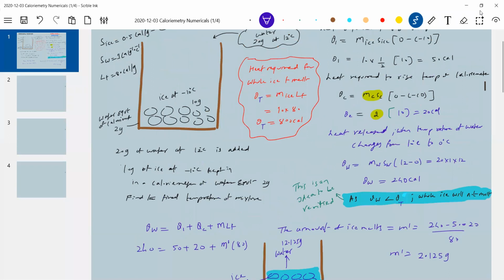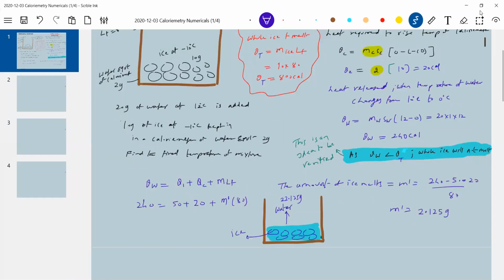For 10 gram, if you remove 2.125, the value is 7.875. Okay, this much ice, and what is the temperature? 0 degrees Celsius.